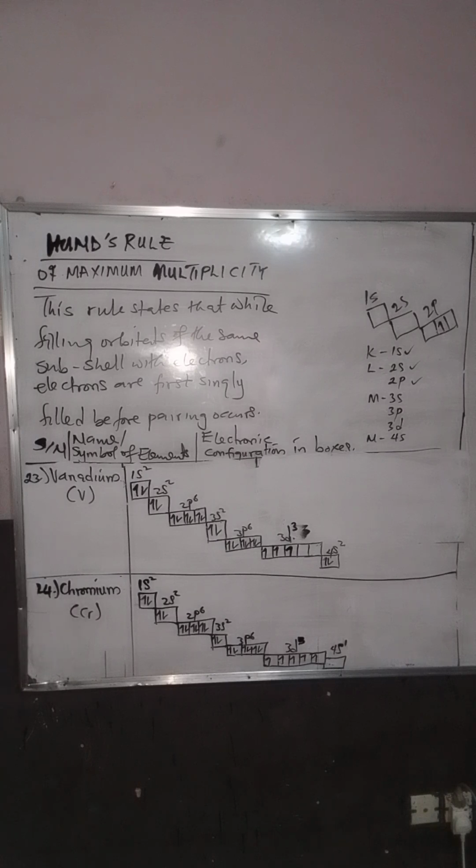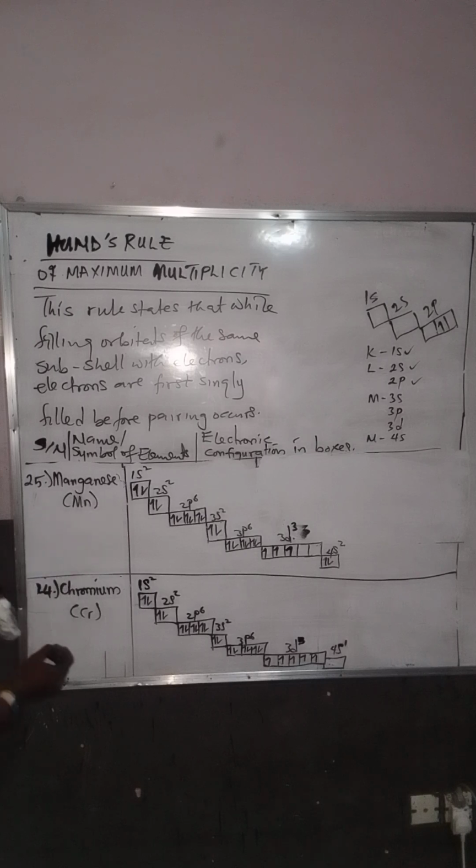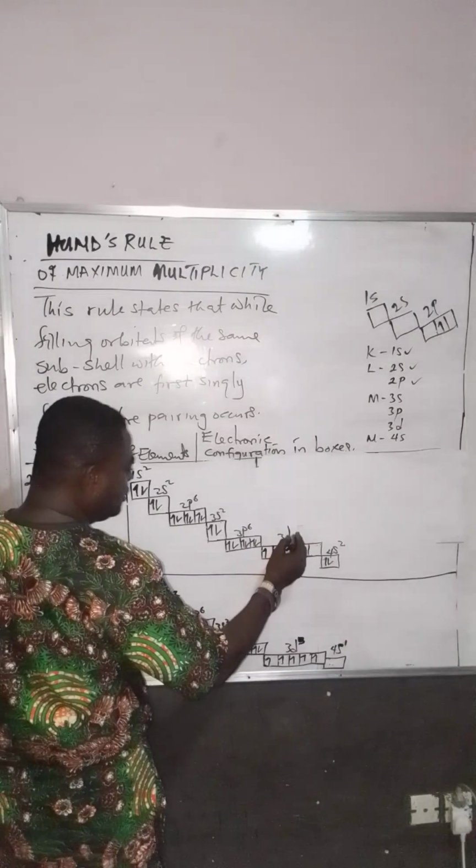Then the next one is number 25, which is manganese, Mn. So manganese, we just have to add what?